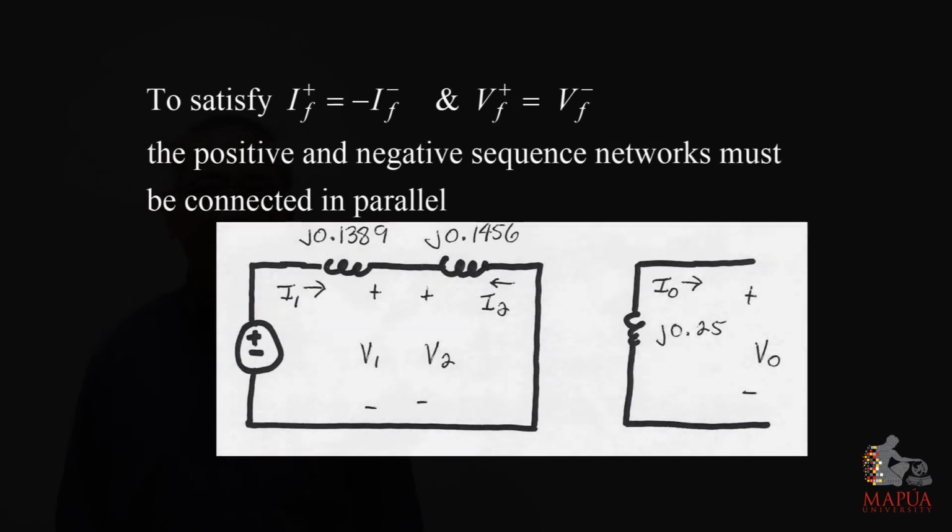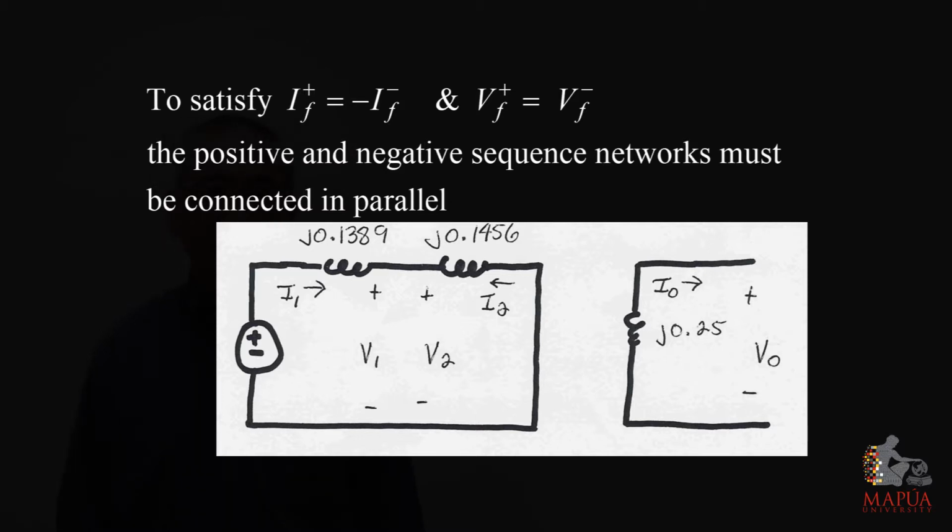Now, to satisfy the positive sequence and negative sequence of the fault current and the voltages, the positive and negative sequence networks must be connected in parallel.